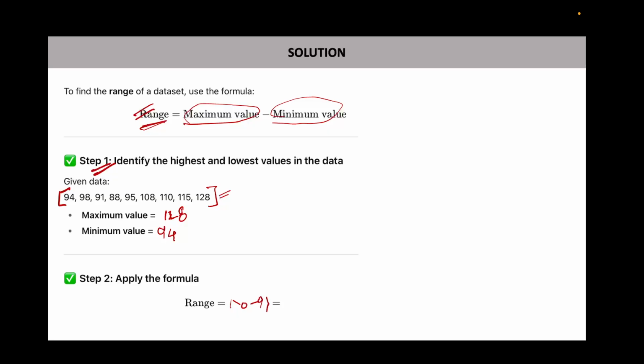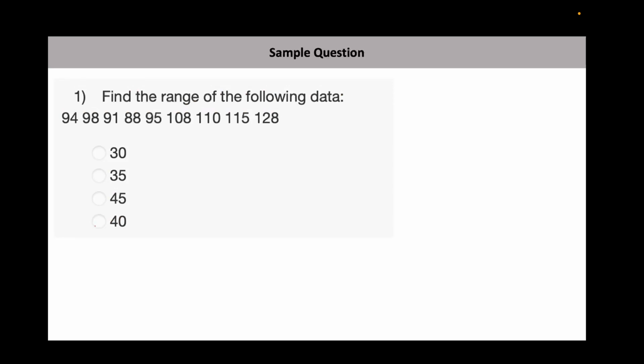And that will give you the answer as 40. So the answer to this question will be the fourth option, which is 40. You don't need a calculator for this, it was a very simple question. You just need to find the range of the following data.